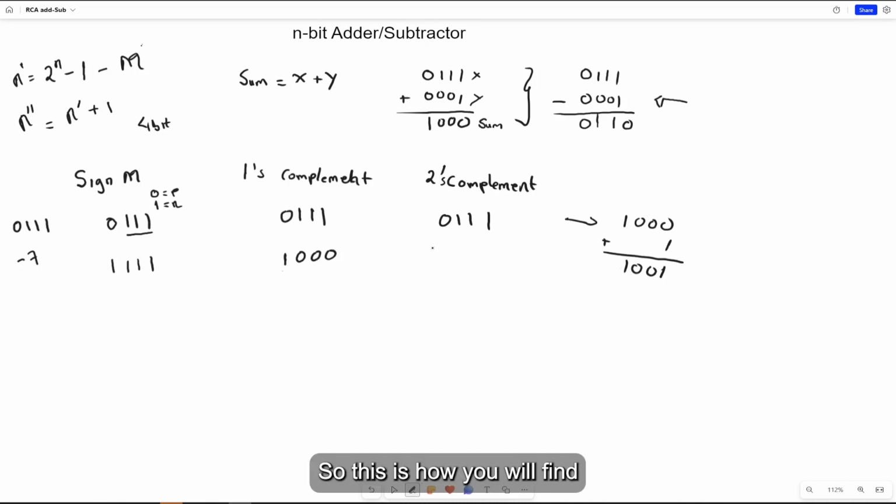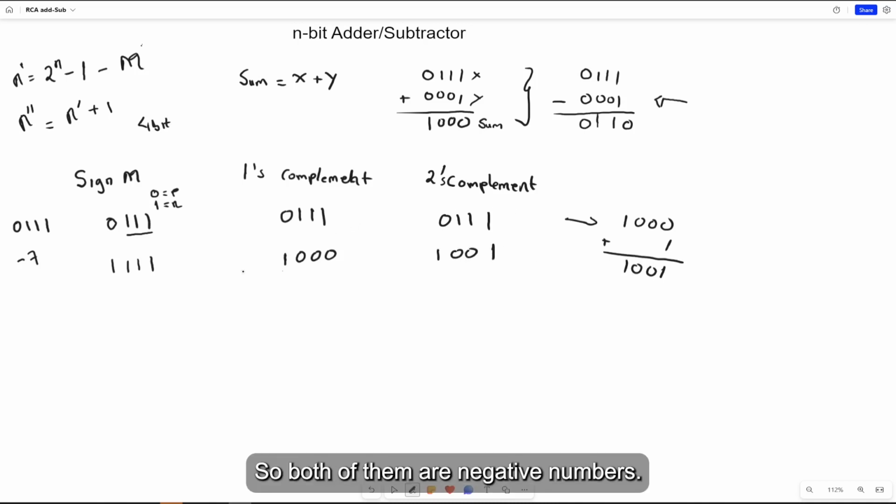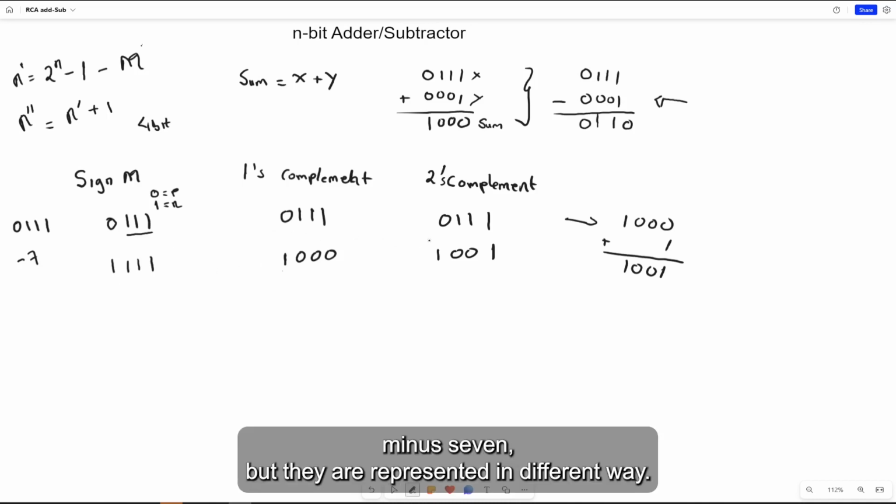This is how you find the second complement. Both of them are minus 7, but they are represented in different ways.